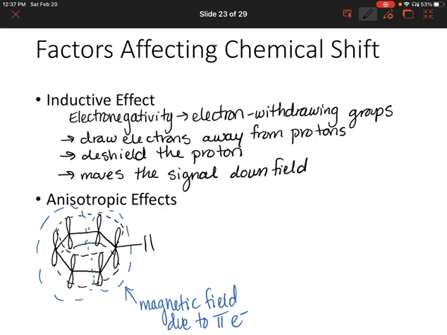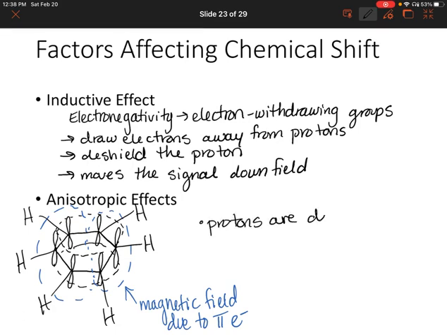So the protons are sticking out beyond the magnetic field, and they'll be de-shielded. So these will be shifted downfield.